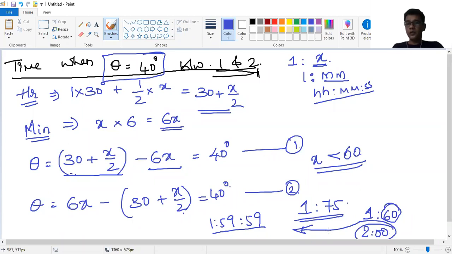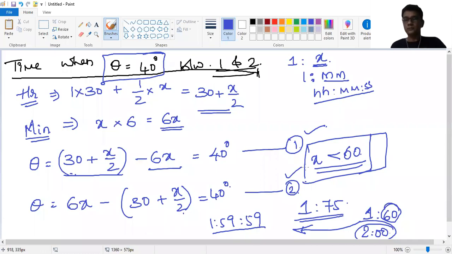You are now between 2 and 3 because your clock has struck 2. Because your question is talking about the hour hand between 1 and 2, you have to always ensure that the x value you're getting is less than 60. In case your x value is more than 60, I will not consider that value. I will go to the next value. So you have to search for the x value in equation 1 and in equation 2, and that's all the answer is.